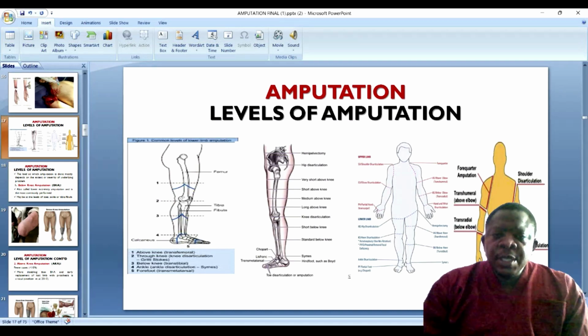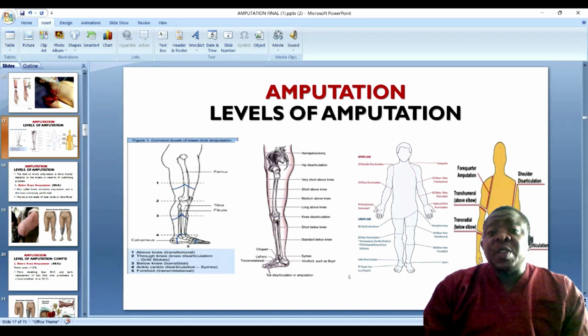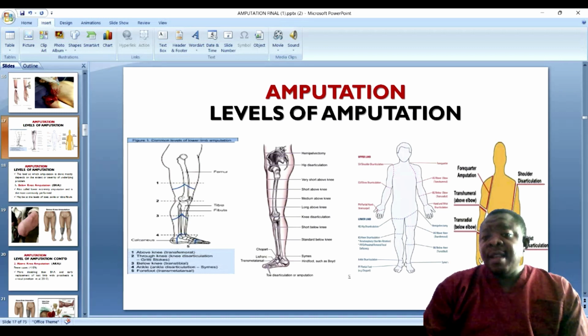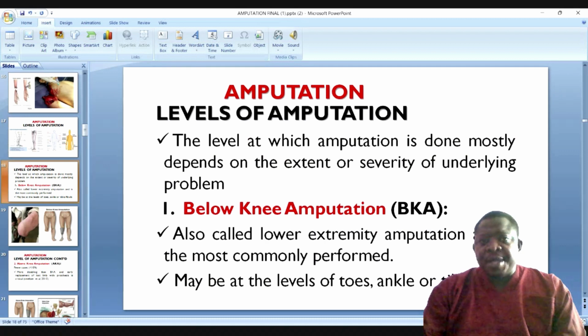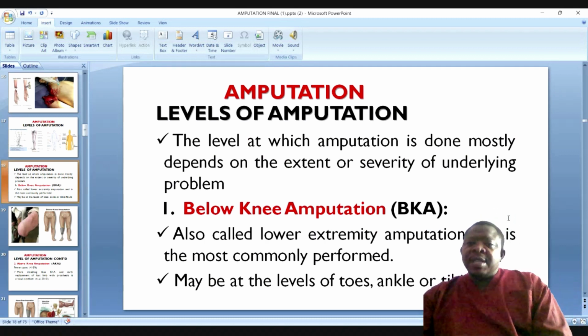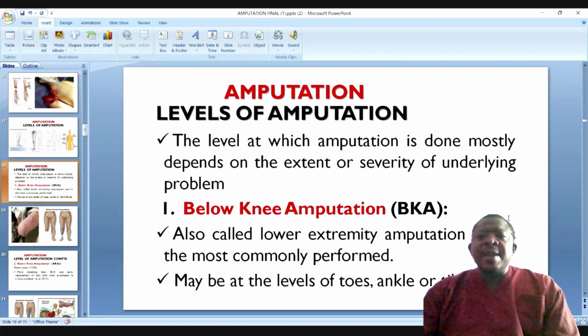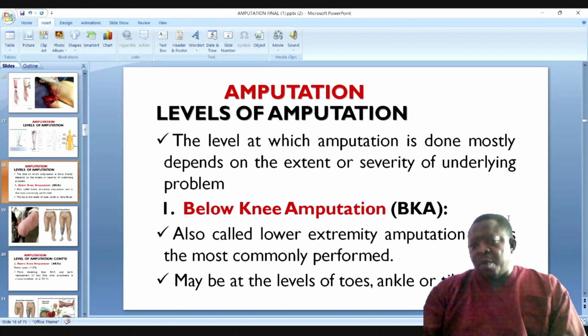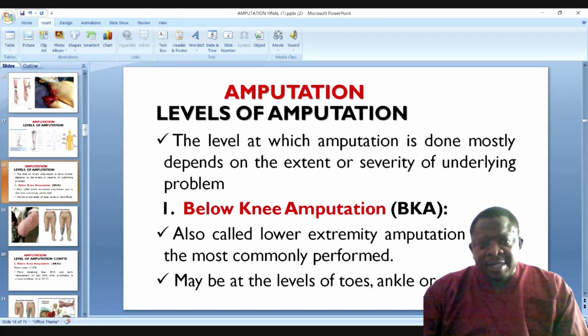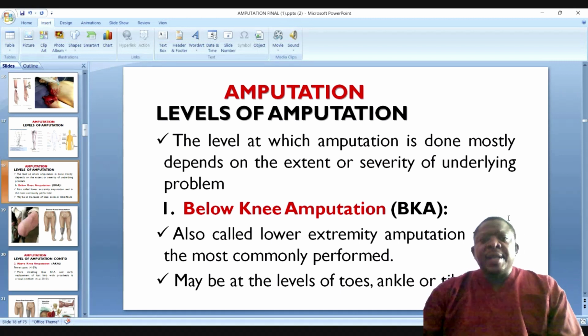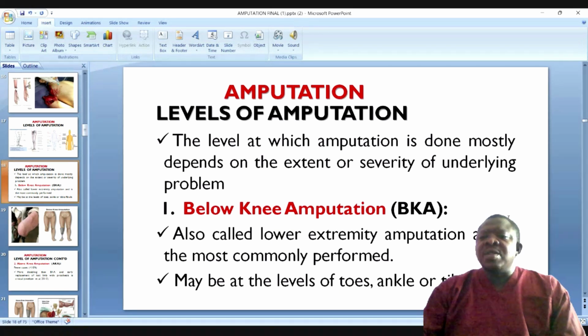Levels of amputation, we look at the position at which the amputation is done or will be done. The level at which amputation is done mostly will depend on the extent or the severity of the underlying problem. As we have discussed, we have the below knee amputation, also called lower extremity amputation.